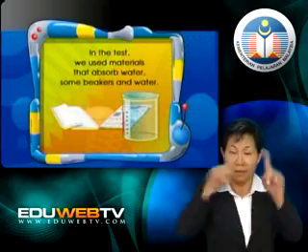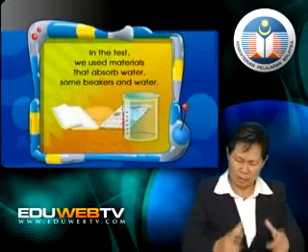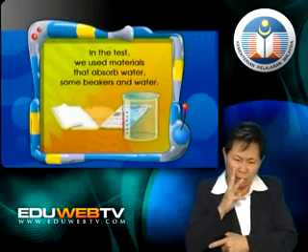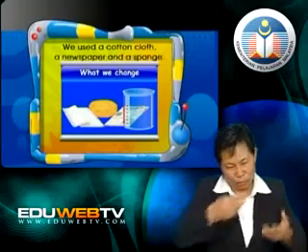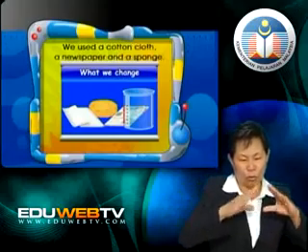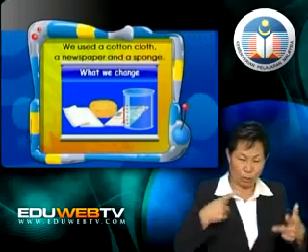In the test, we use materials that absorb water, some beakers and water. We used different types of materials. We used a cotton cloth, a newspaper and a sponge. This is what we change.